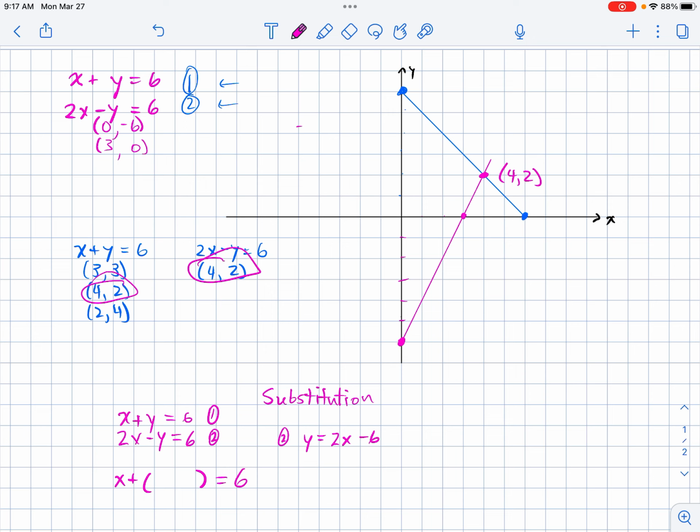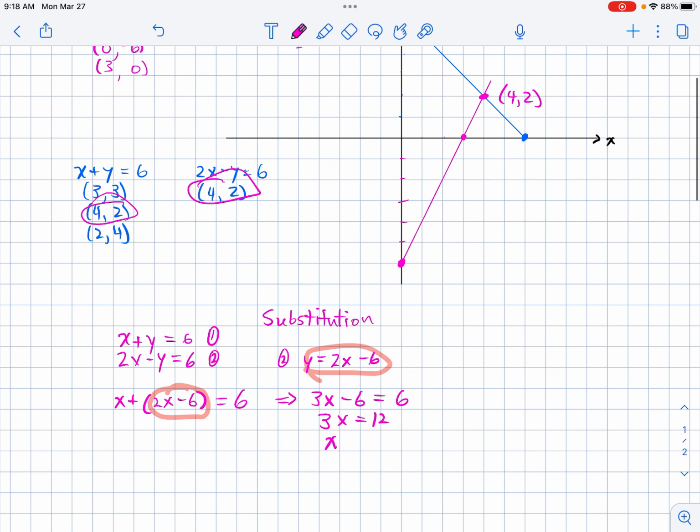So I put in the 2x minus 6. So there it is, 2x minus 6. Put it in right there. And then I solve that rascal. So I've got 3x minus 6 equals 6. That means 3x equals 12. That means that x equals 4.